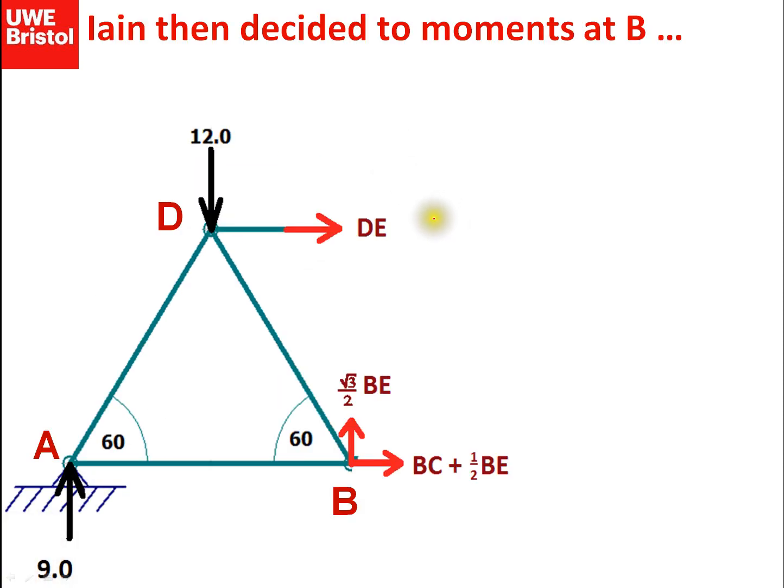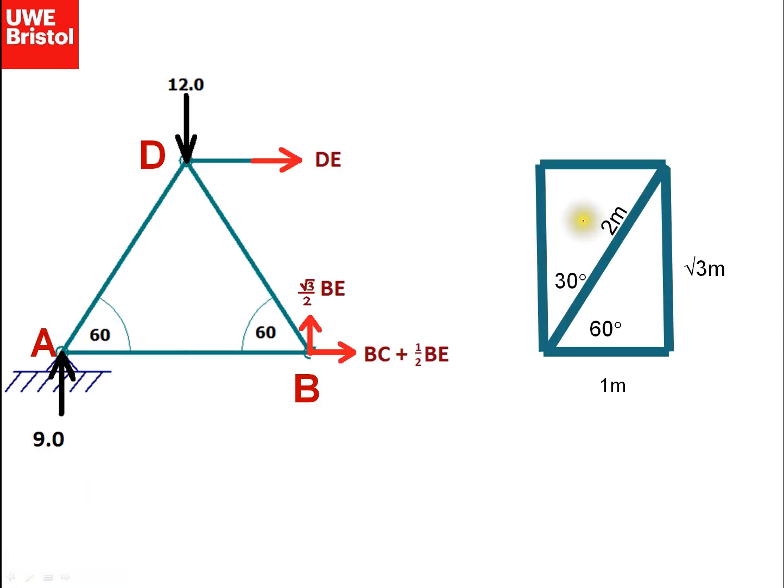So if we're going to take moments at B, we're going to need to know a little bit more about the geometry to work out what my moments are going to be. So I go back to my geometry sketch and work out where things are going to be in terms of the moments.